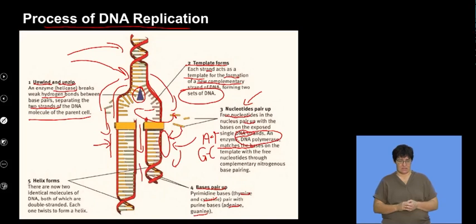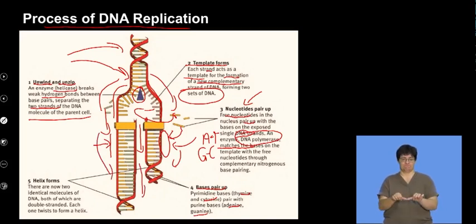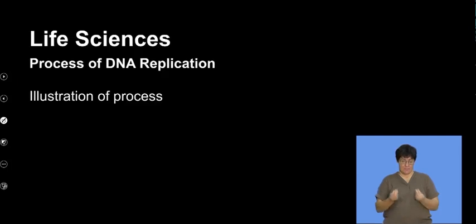And as this process continues, polymerase continues to unzip the DNA, brings in more complementary free nucleotides to eventually form two new identical molecules of DNA, both of which are double-stranded. Each one will eventually twist to form a helical structure.